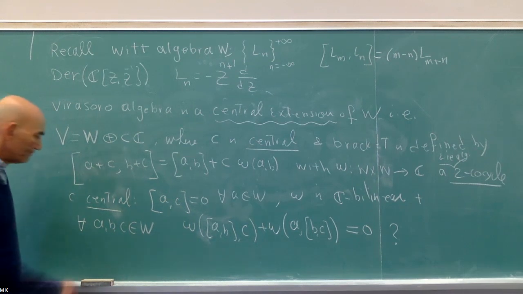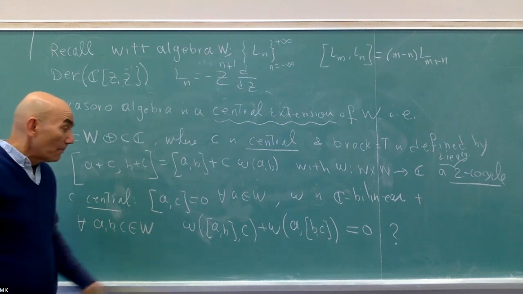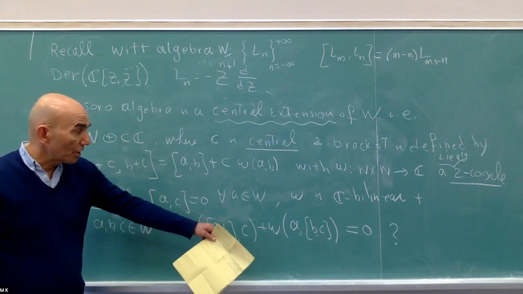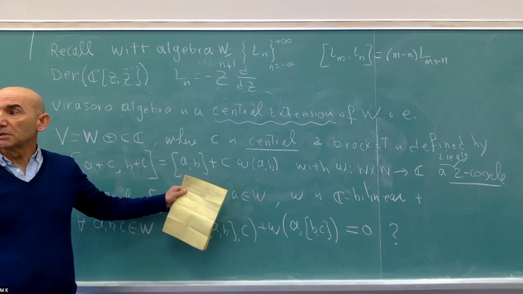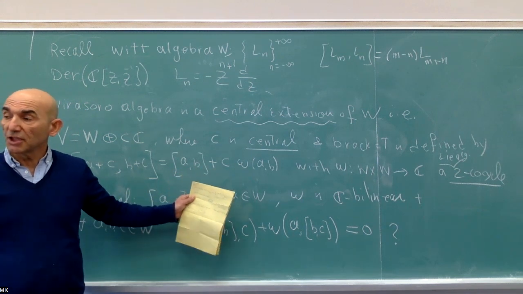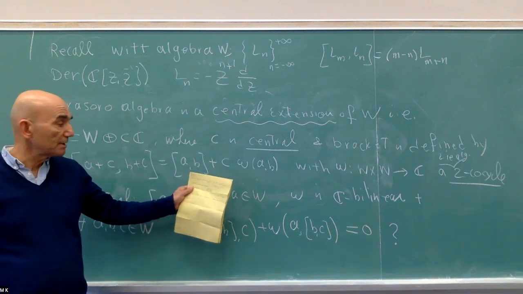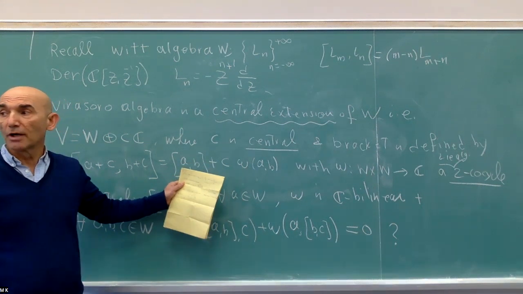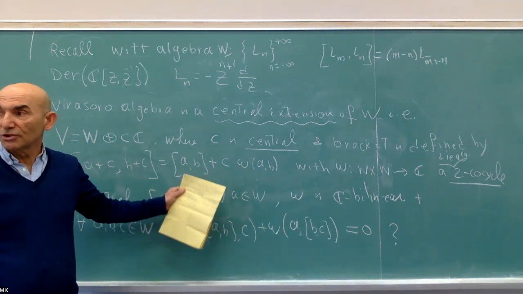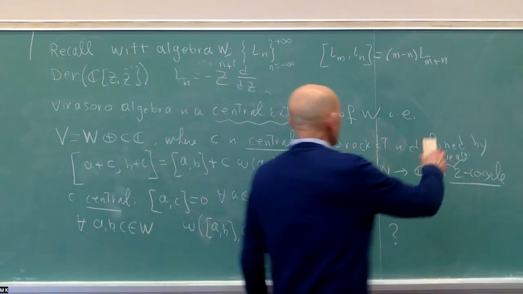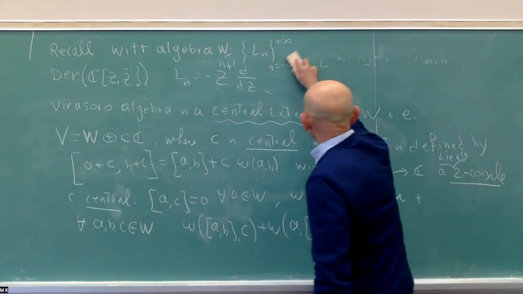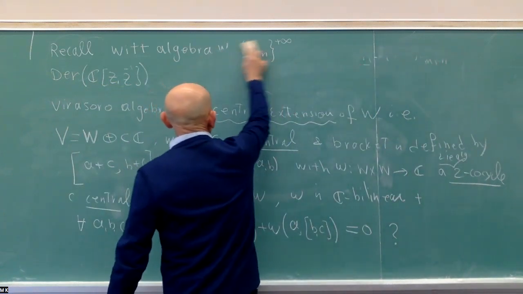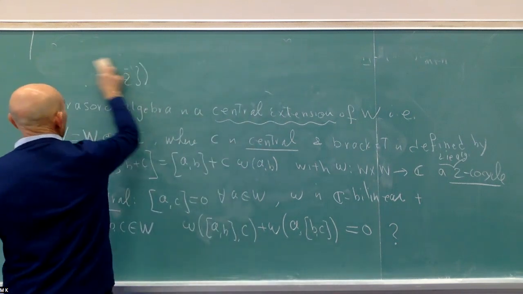Okay, so by the way, where does this condition come from? This condition comes from the fact, we can check it actually, that you want this new bracket to satisfy the Jacobi identity. This just comes from that. Okay, so let me just write it here, and that will give us a way to verify whether this is correct or not.